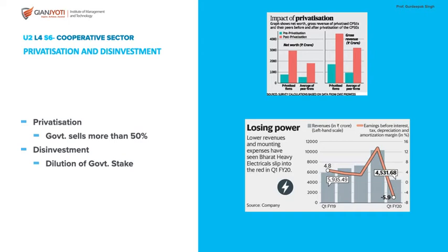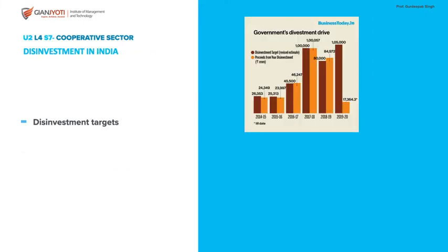The revenue in crores was almost 6,000, and it has come down to 4,500. So there is a big worry about this public sector enterprise, which is a huge one.